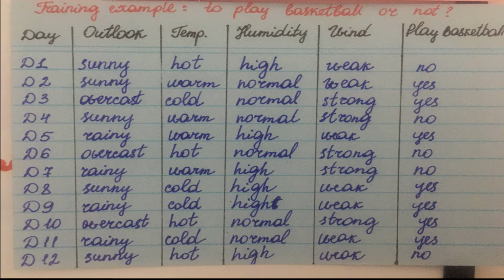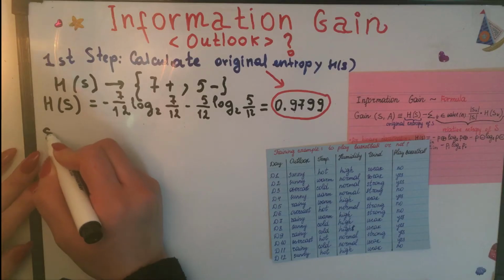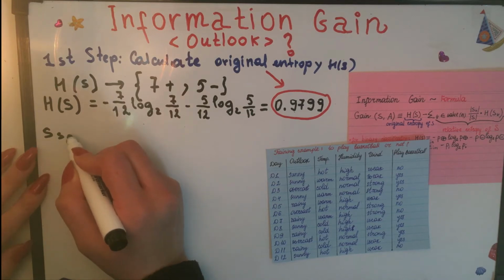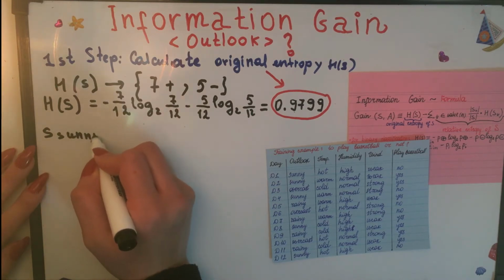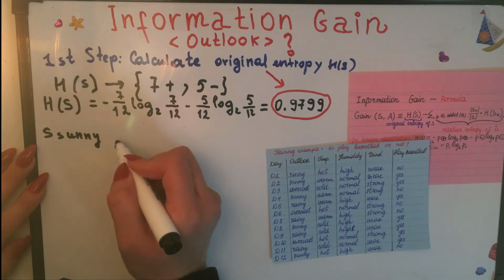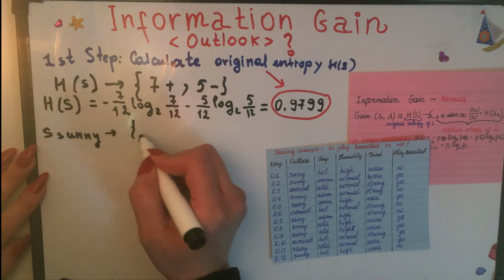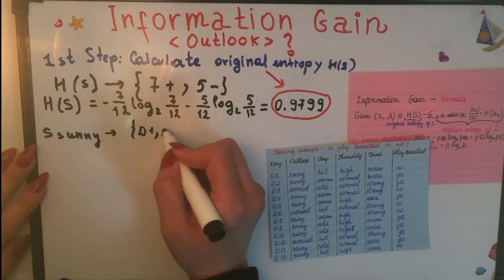The next step is to check again our training example and to see the column that we are going to calculate. In our case, it's outlook. How many different attributes we have here? As you can see from the table, we have 3 different attributes: sunny, rainy, and overcast. Now we're going to write down which days we have sunny, and how many yeses and how many no's we have in sunny days.